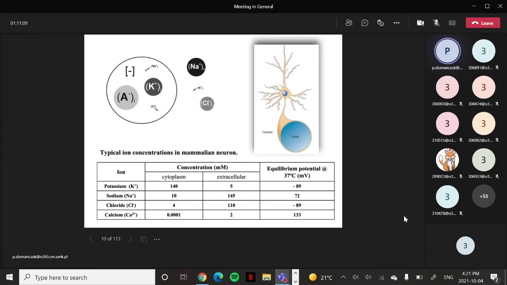Because they are playing this housekeeping function, they are always active. There is a lot of activity going on on the surface of the cell, so this housekeeping activity must go on all the time to keep the internal environment relatively stable.